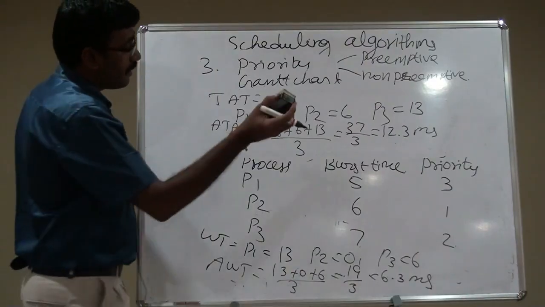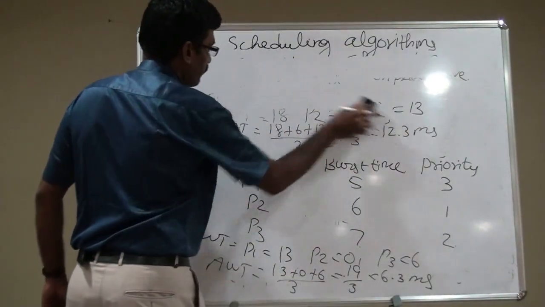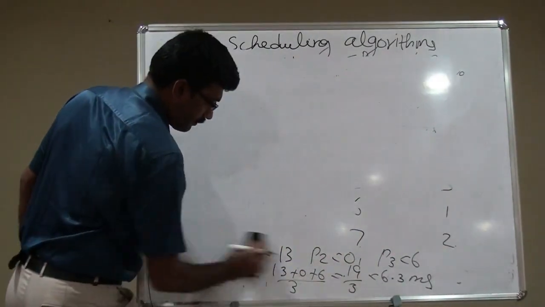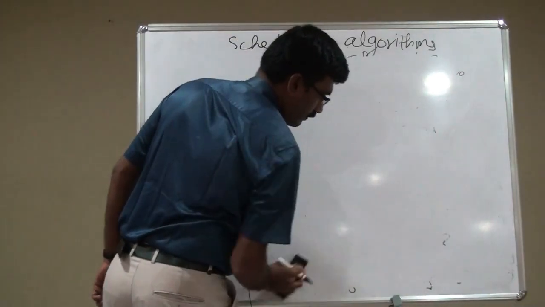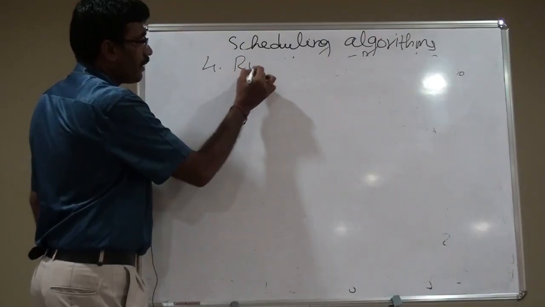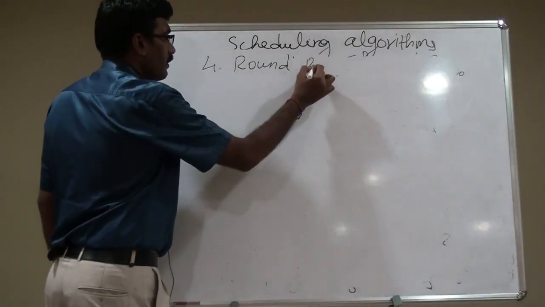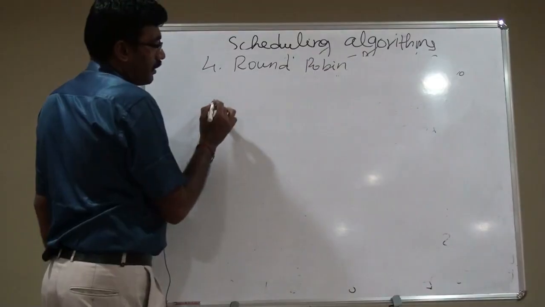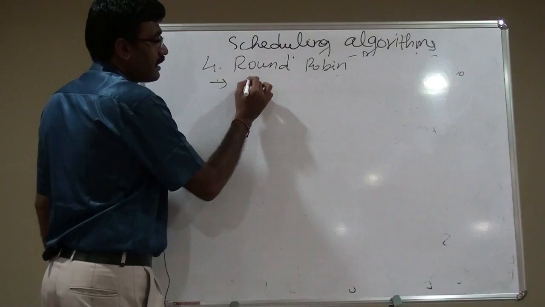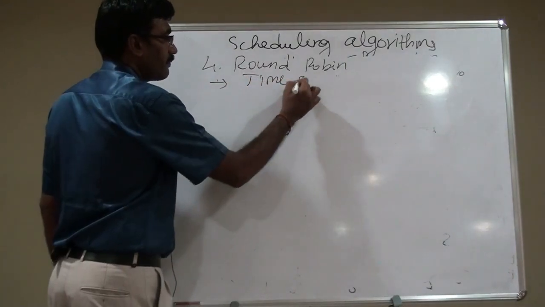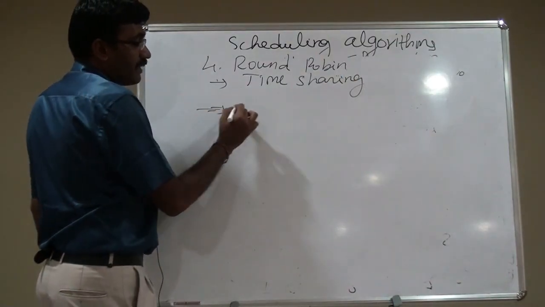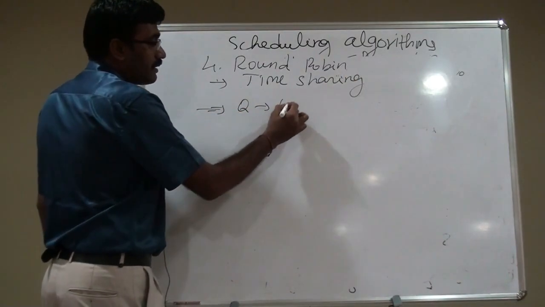Next one, the fourth one, is the round robin scheduling algorithm. Round robin is designed based on the time sharing system. Here the ready queue acts as a circular queue.